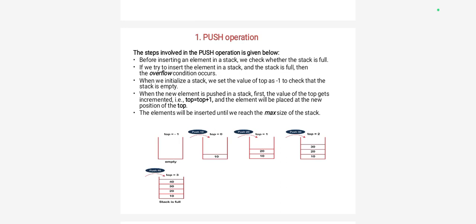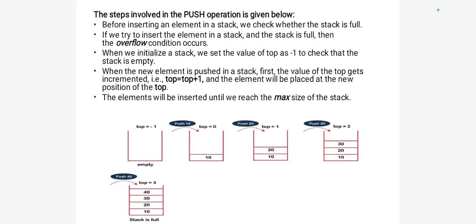Now here we can see the first diagram, which is an empty stack. Why? Because here top is set to -1. Here 10 is ready to push inside the stack. Before pushing, first top is incremented by 1, meaning top equals top plus 1.